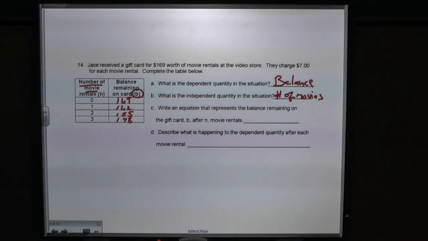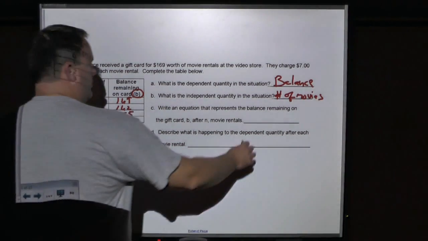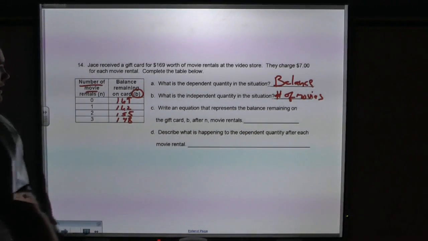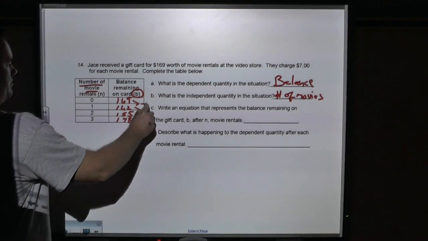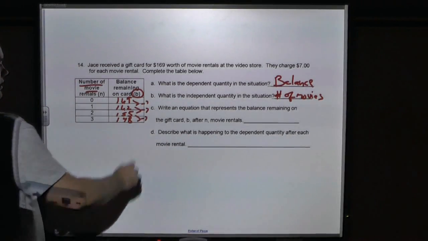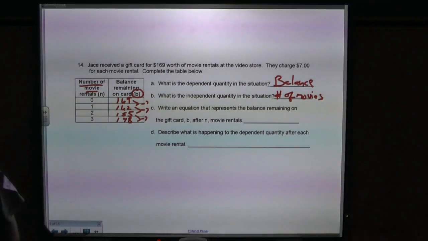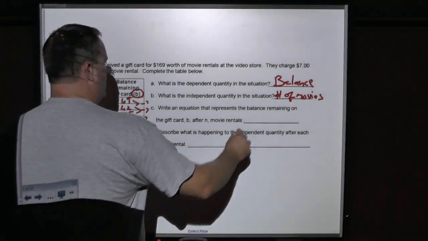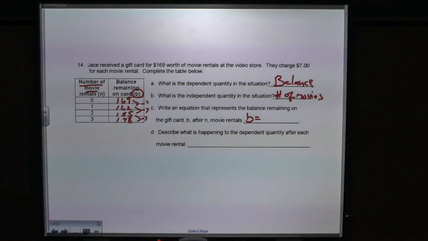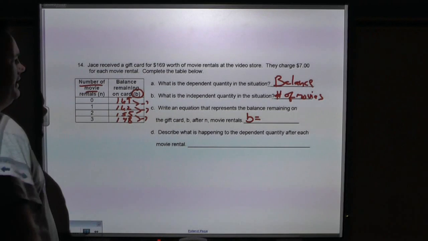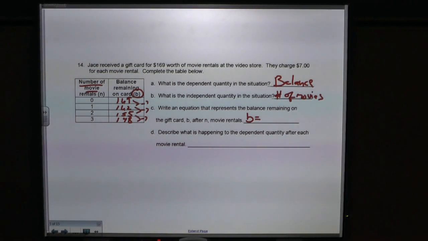I want you to think about this. When we write this, think about what happens here. Each time, this goes down by 7 units. When we write an equation for these, we always start with our dependent variable, which is B. The next thing is we're going to look to see what the rate of change is.